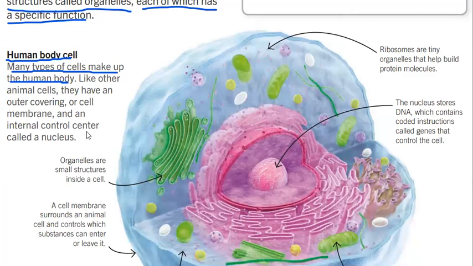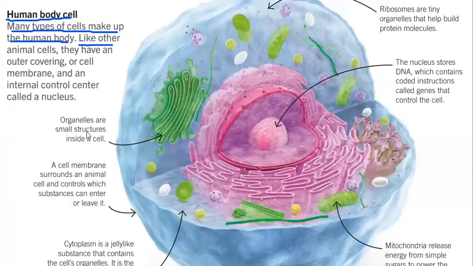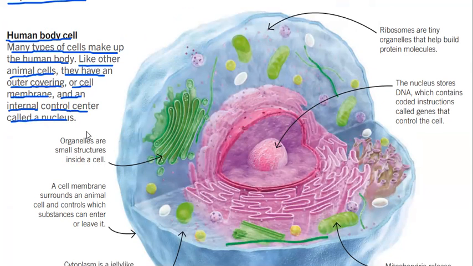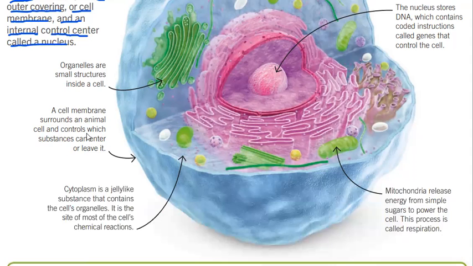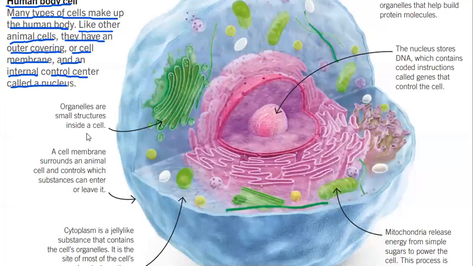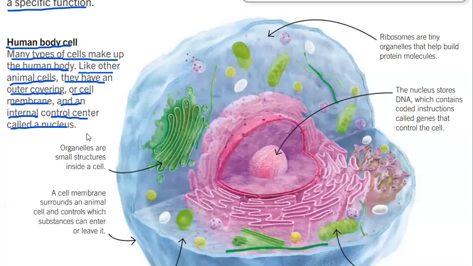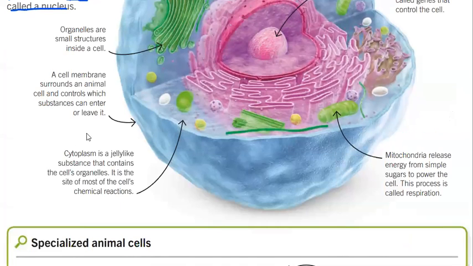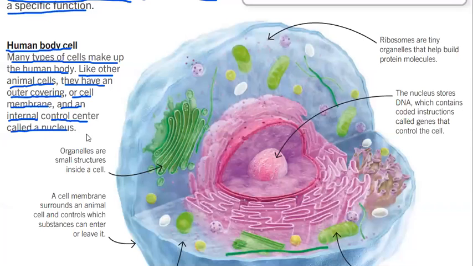Like other animal cells, they have an outer covering, or cell membrane, and an internal control center called the nucleus. Here we can see a complete detailed three-dimensional picture. This is the actual human cell picture.